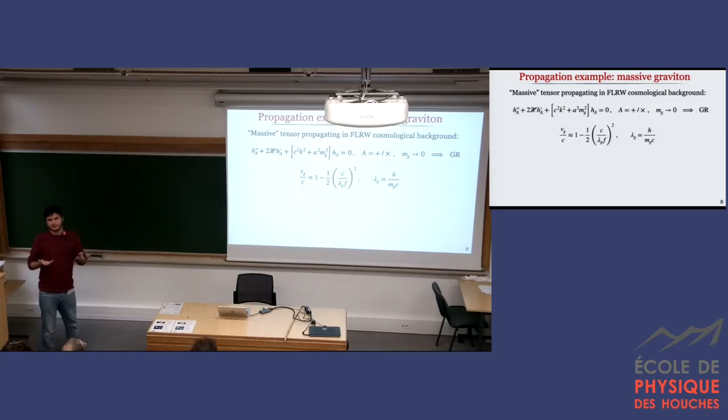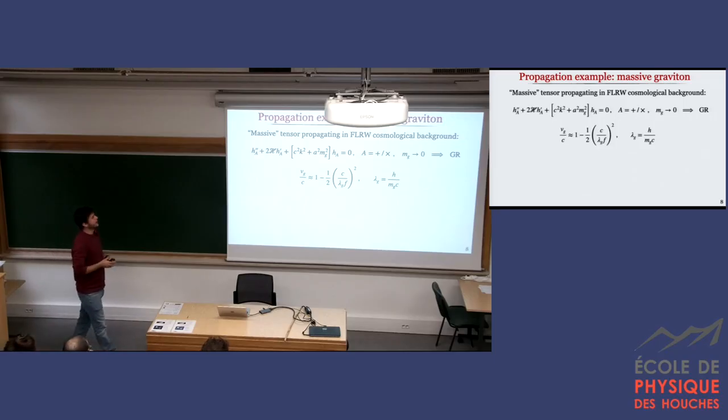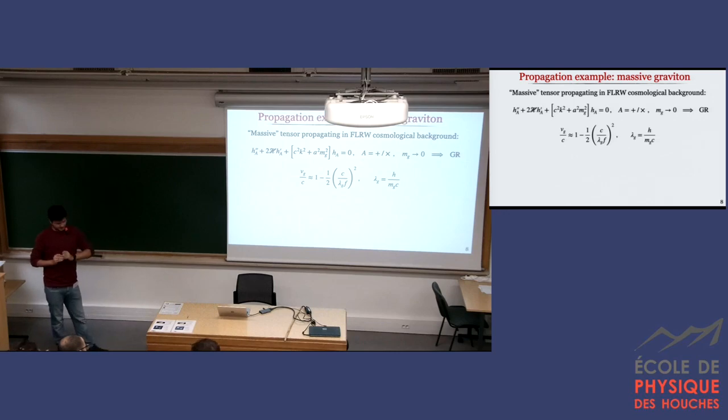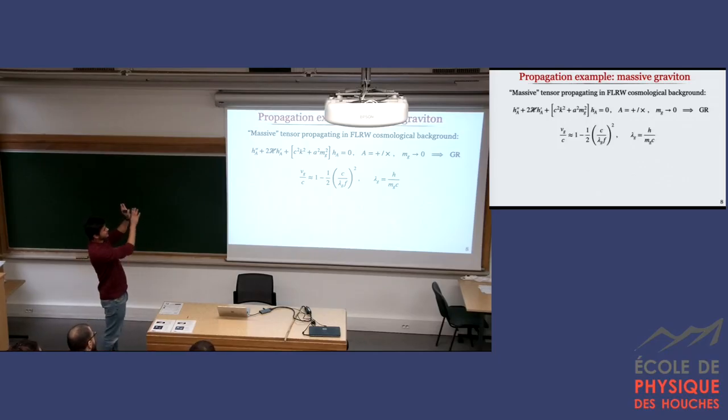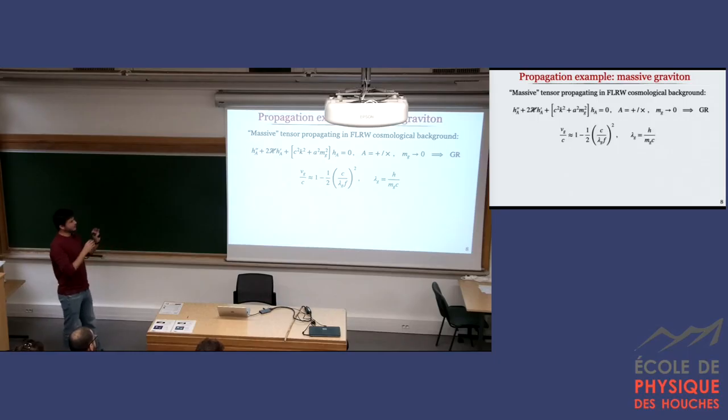So this was an example of generation, and what I mean by propagation effect is essentially imagine that you modify the dispersion relation, and the typical example is the case where you have massive gravitons. You've probably seen this formula, actually I think in the cosmology talk there was this formula for GR.